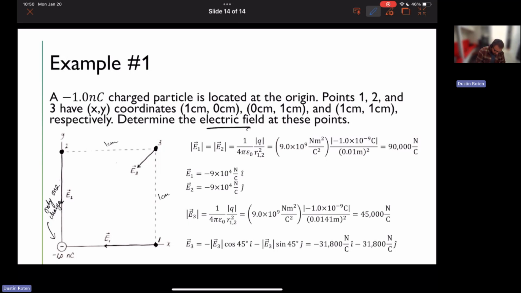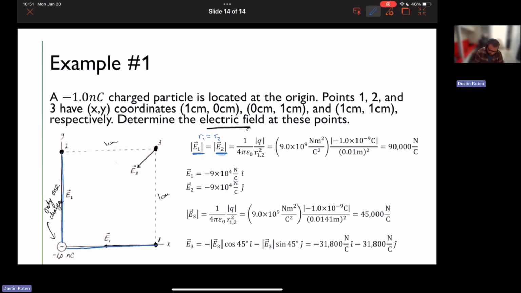That totally makes sense. We know that the distance here is going to be the same as the distance here. So that tells us that the magnitude, the strength, not the direction, of the electric field at this first point is going to be the same as the strength of the electric field at this second point because the distances are the same. So the first distance is going to equal the second distance.